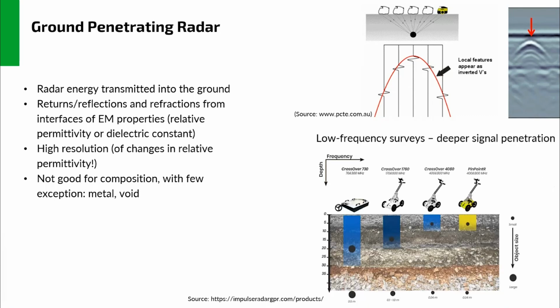The lower image demonstrates a very important trade-off that a lot of people sometimes forget: you cannot achieve deep signal penetration and high resolution at the same time. There's a trade-off. If you want to see something big and deep, go for it, that's great. If you want to see something small but deep, that's probably going to run into the physics limitations of that particular project.